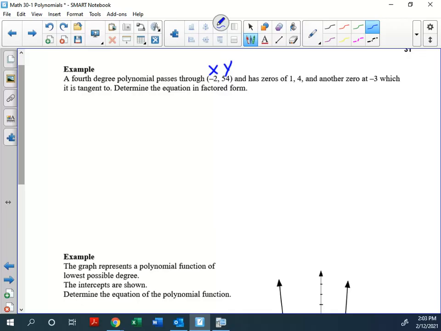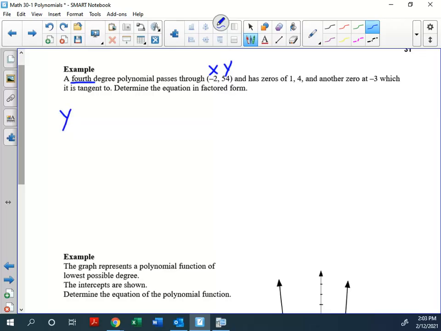Okay, if it's tangent, it's going to have a degree of 2. And I know it's 2 because we said it's a 4th-degree polynomial. That's how I know it's not 4 or 6 or 8. So I restrict what the degree can be. Determine the equation in factored form.